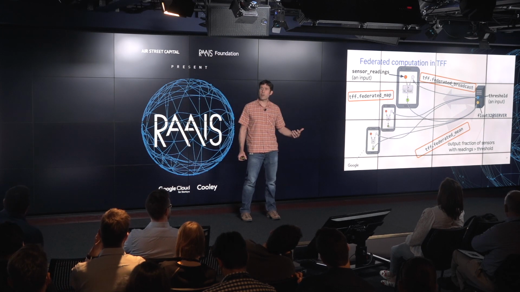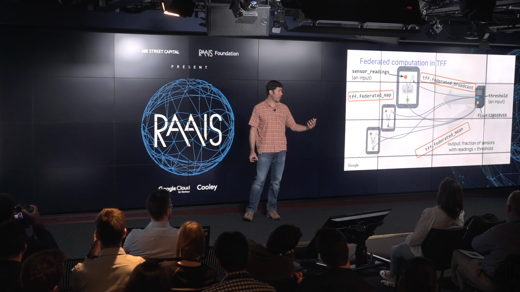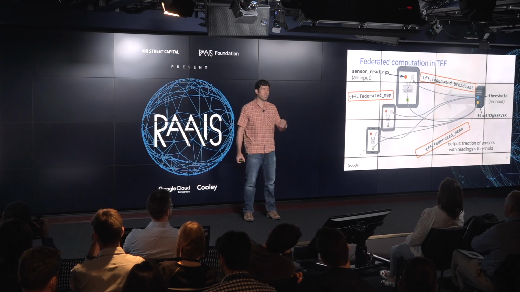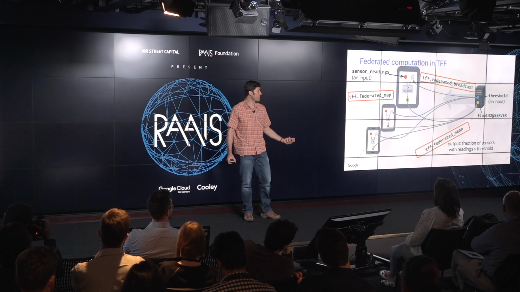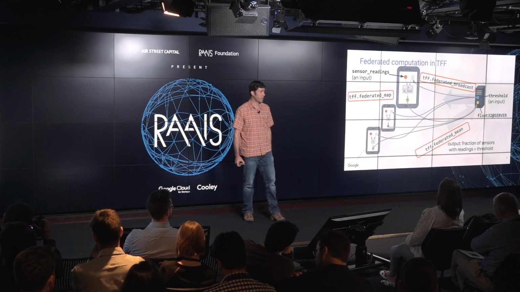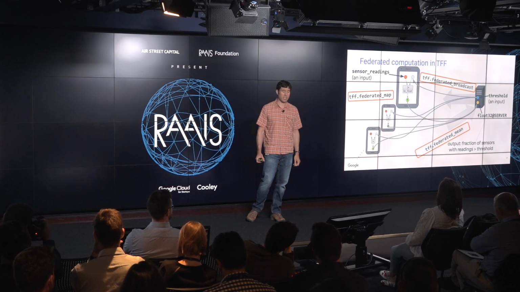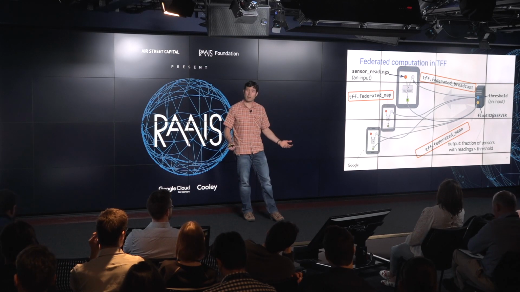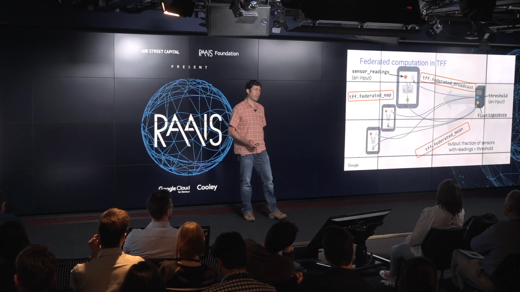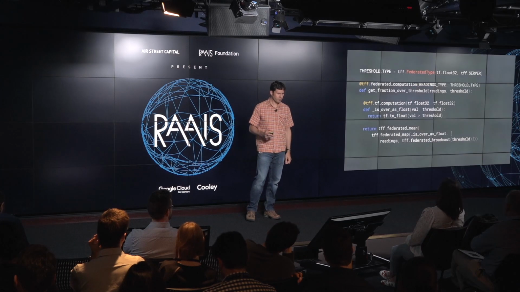And then you use federated map to run a TensorFlow function on each of those devices, in this case just comparing the threshold to the local temperature reading and returning a 0 or 1 value, depending on whether the threshold is exceeded. And then you can aggregate those local 0 and 1 values with the federated mean, and that's the fraction of devices that exceed the threshold.